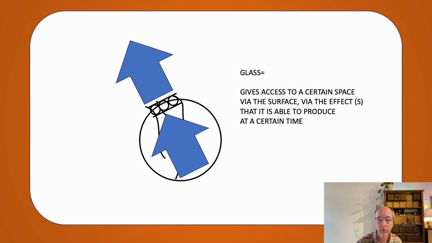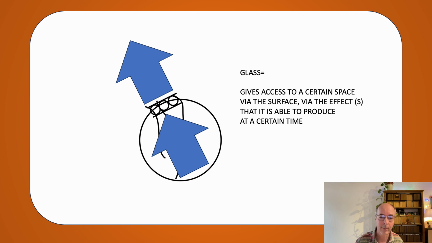Glass. We only noticed that it has a surface because we focused only on the surface, but now we add time and the time and space reorganization, and we know that via the surface, we have the glass with the double S. There is an effect that we will have at the end, and the effect is what is important. The double S is even there, so the effect of the effect is even there.